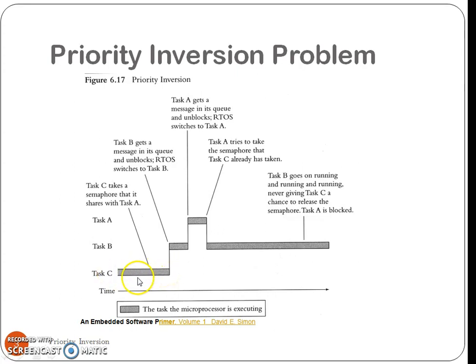Now once task C completes its work, task B will hold your semaphore as it is already in the queue.